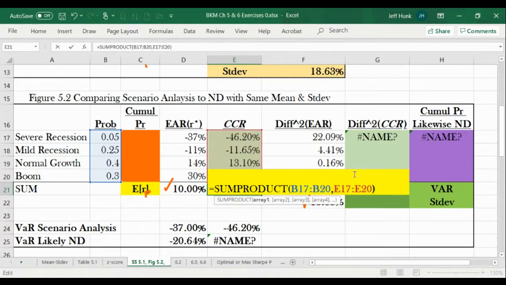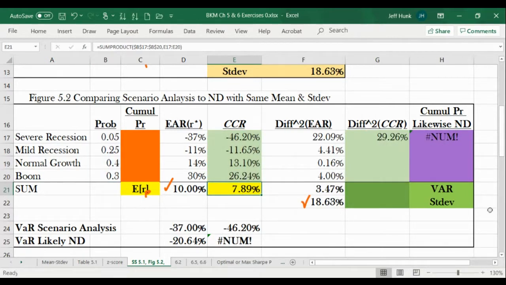And I'm going to lock the probability column, because that probability will be used over and over when we take the variance. Okay, so if I do that, there you go.